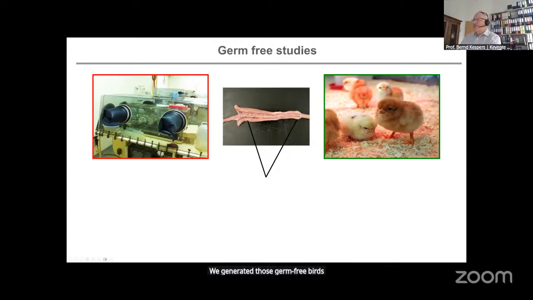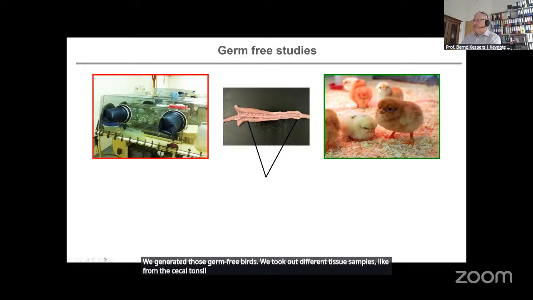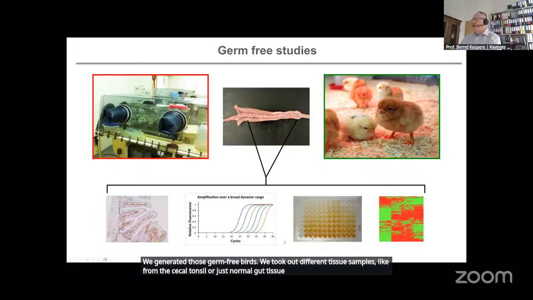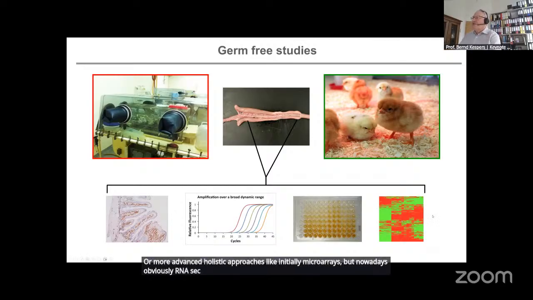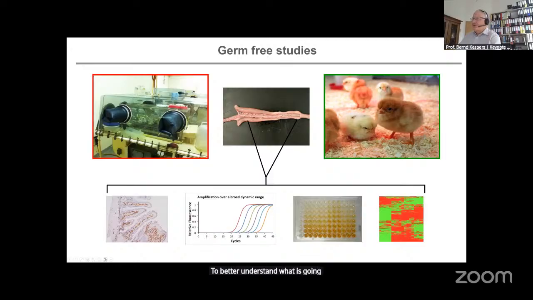We took out different tissue samples, like from the cecal tonsil or just normal gut tissue. And then we applied a whole range of technologies such as immunohistology, qPCR, ELISA techniques, or more advanced holistic approaches like initially microarrays, but nowadays obviously RNA-seq, to better understand what is going on in these birds.